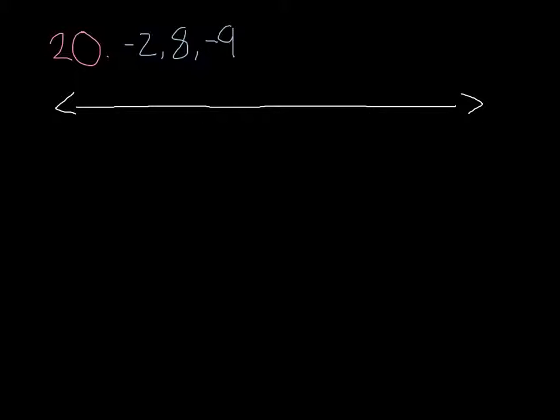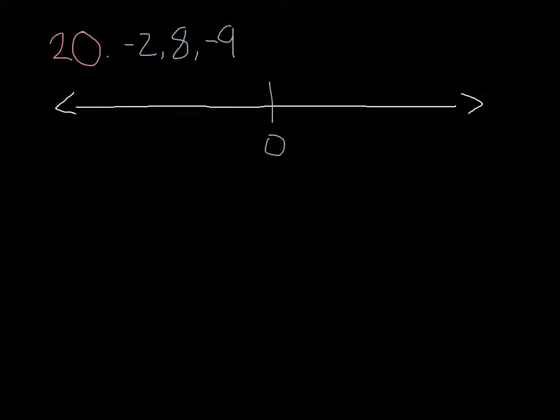Alright, so number 20 on page 19, it says graph each set of numbers on a number line. So to graph a set of numbers, you always want to start at 0. So in the middle of the number line, you just put 0.